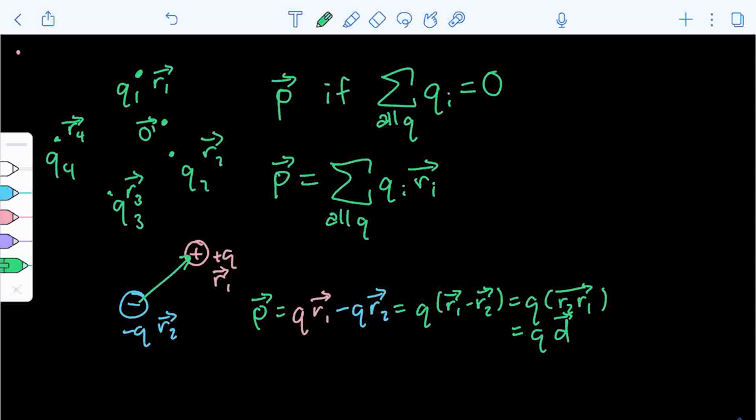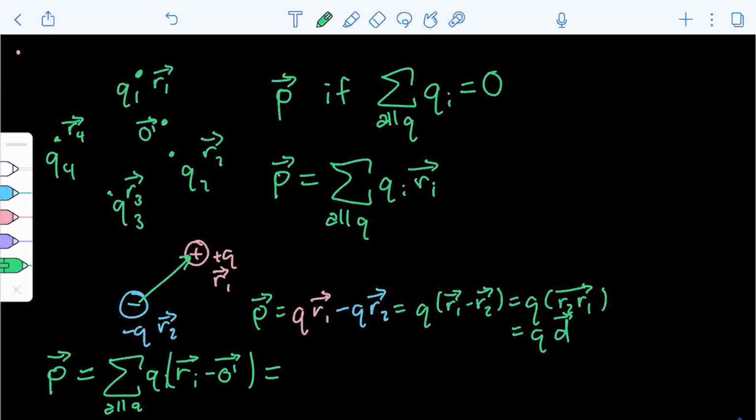Then, if we have p, and this is equal to this sum, now the displacement vector, instead of just being Ri, is going to be Ri minus the new displacement, the new origin.